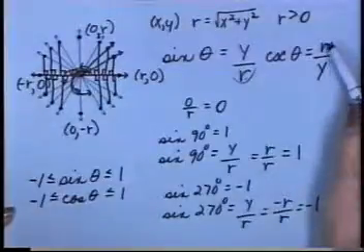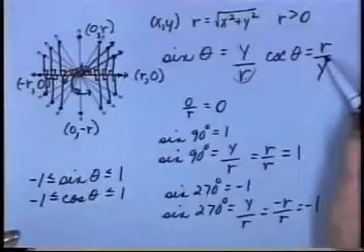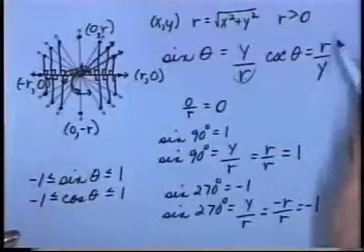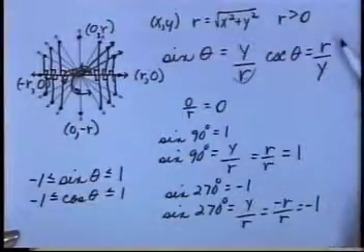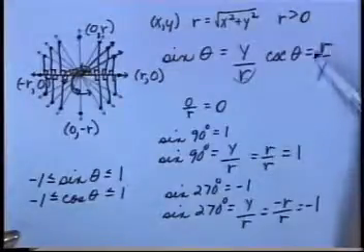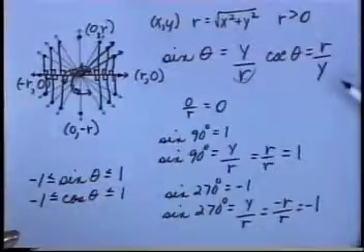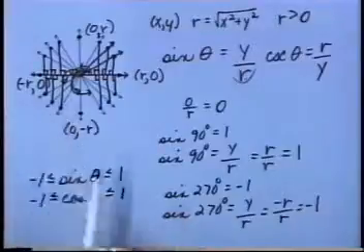So this number, when the numerator is greater than the denominator and y is positive, will be greater than 1. And when y is negative, because our r is greater than our y, we know that this number will be less than negative 1. And of course, now what's going to happen at 90 and 270?